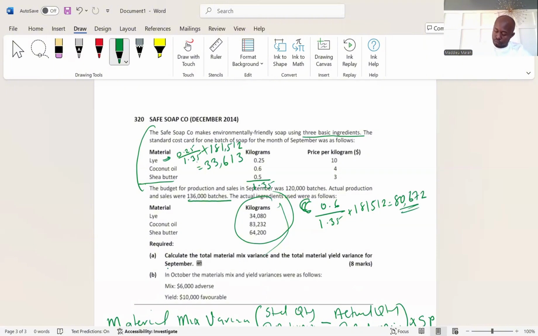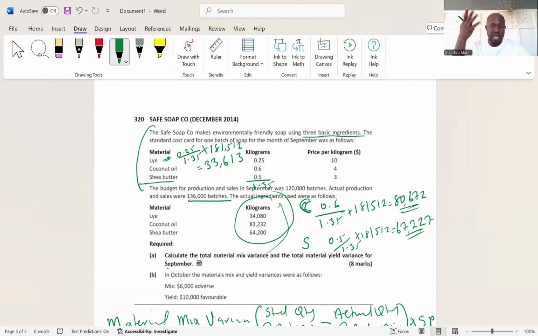And for shea butter, I need 0.5 upon 1.35 multiplied by 181,512. And this will give me 67227. I'm a little bit faster today because we've already solved 2 questions on mix and yield.